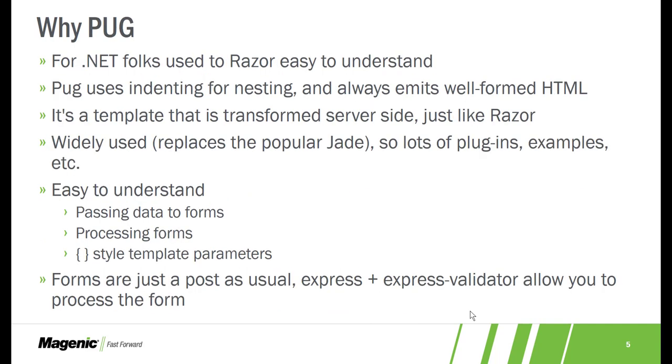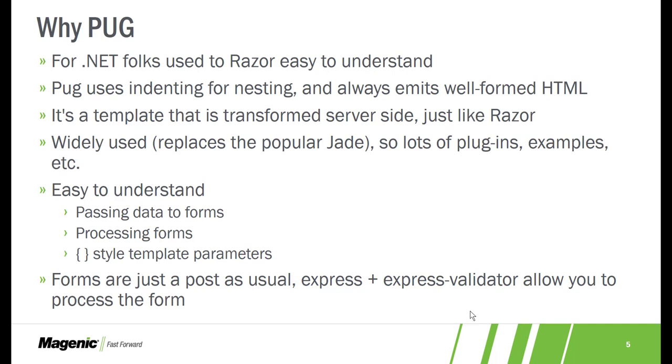Why Pug? Express doesn't care what view engine renderer you use, or even indeed if you use one at all. But if you want to use one, Pug is a pretty good choice. It looks odd. We'll show you some Pug in a little while. But if you are a .NET person and you use Razor, you'll understand Pug pretty much right away.